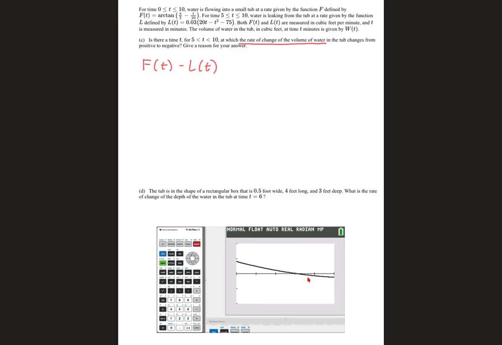So what I'm going to do though, is take this function, which is really f of t minus L of t, plug in some positive number and some negative number, and then use the intermediate value theorem to prove that there has to be a point where it changed from positive to negative.